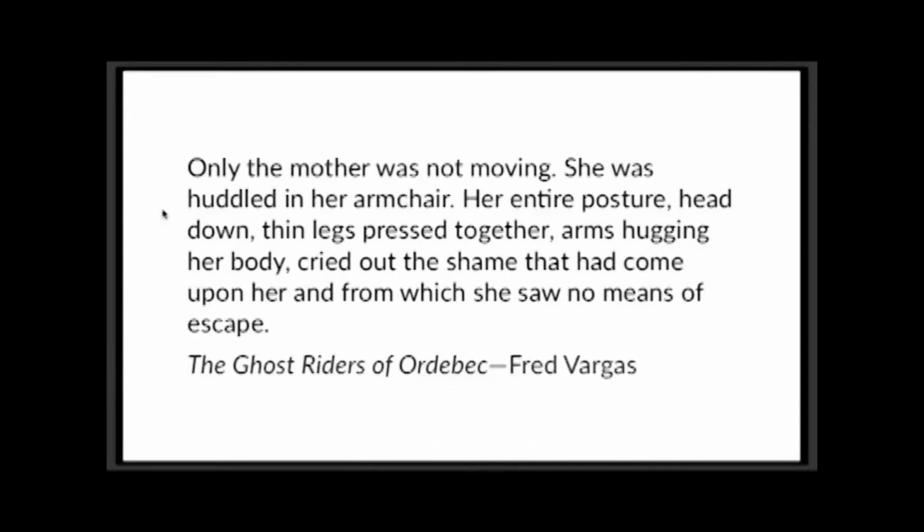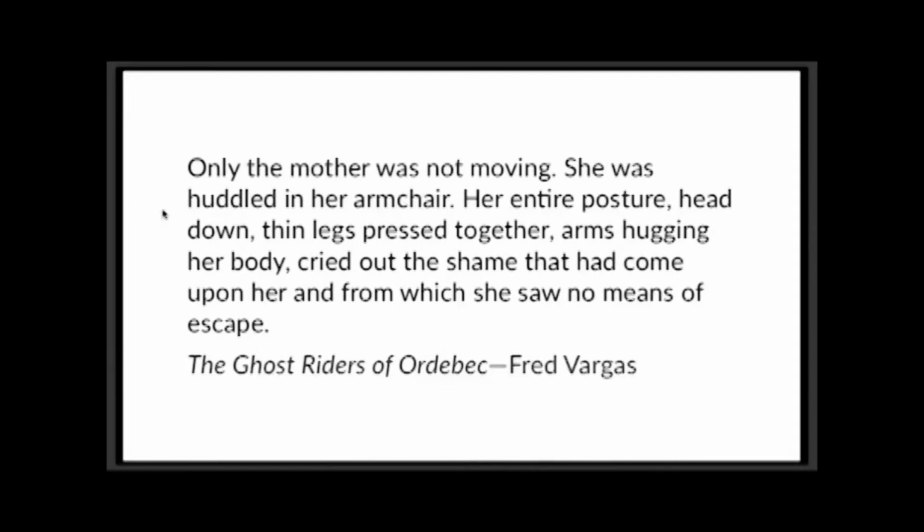This comes from Fred Vargas, The Ghost Riders of Ordebeck. Now, this is when you want to clearly make, this is a murder mystery, a police procedural that is set in France, and the protagonist here wants to let the reader know that this mother has a secret, that it's coming out in order to find out who has committed some murders.